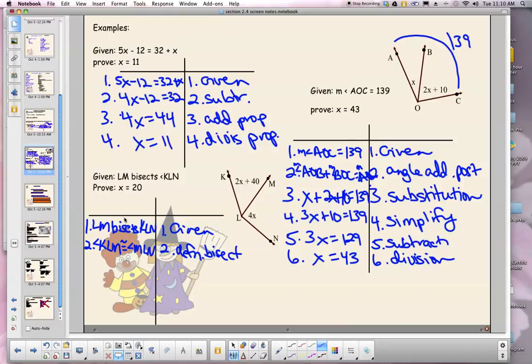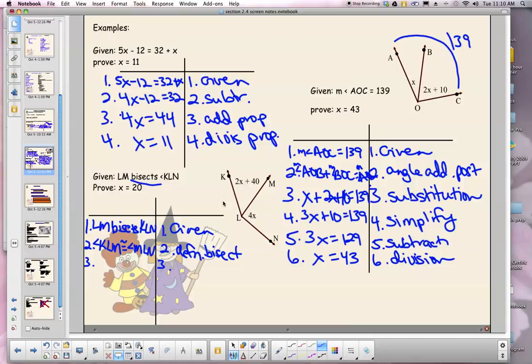The key to using definitions is if they give you a word in the given, 99% of the time you're going to use the definition of that word right away. So if in your given they give you that something's complementary or supplementary or adjacent or something to that effect, then you're going to use the definition of that word right away.